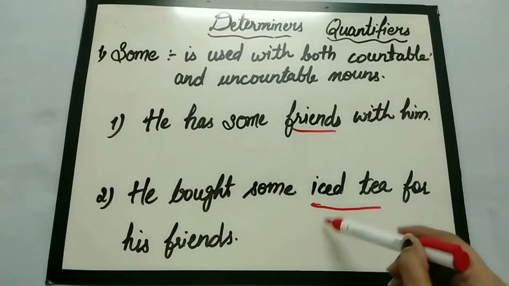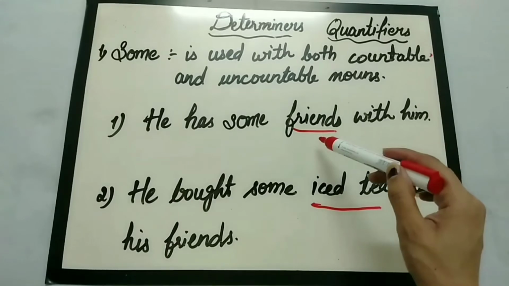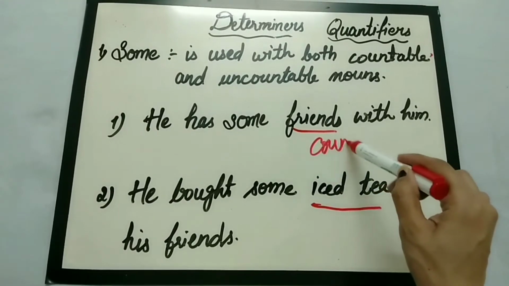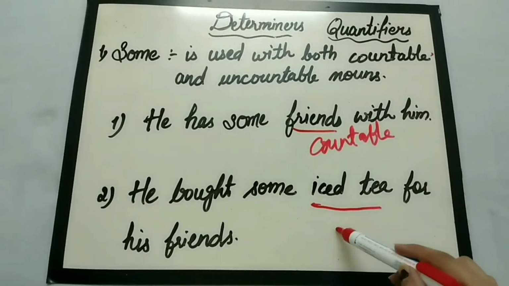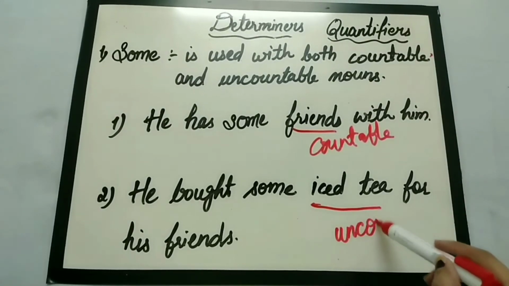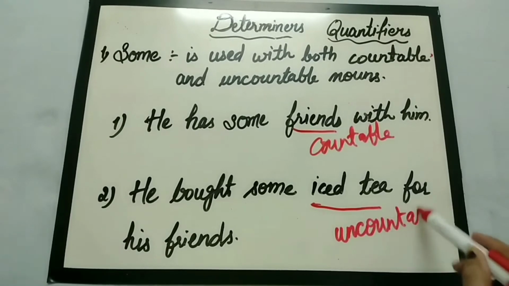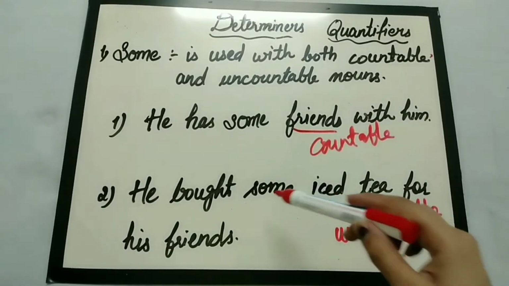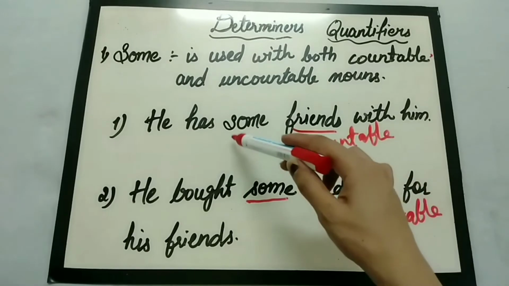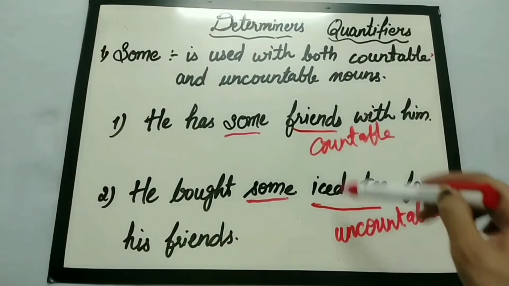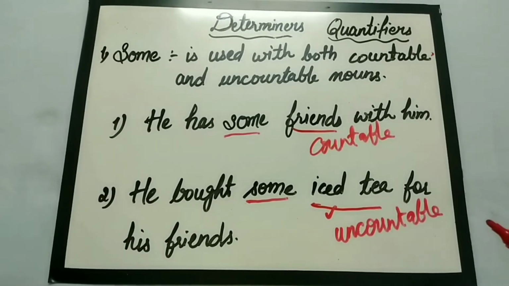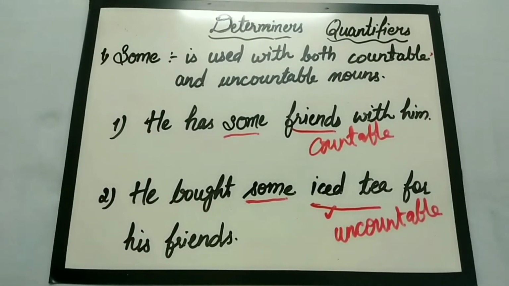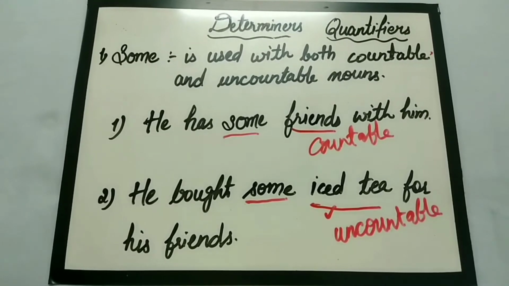We cannot count it. So friends was a countable noun and iced tea is an uncountable noun. And the quantifier some is used with both countable and uncountable nouns, and with positive sentences.